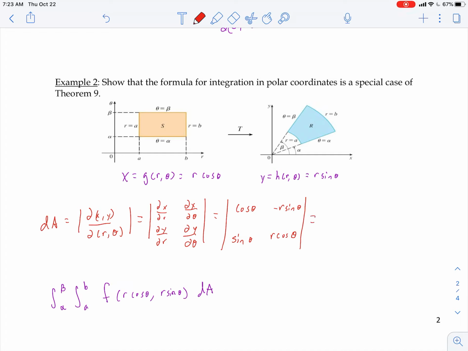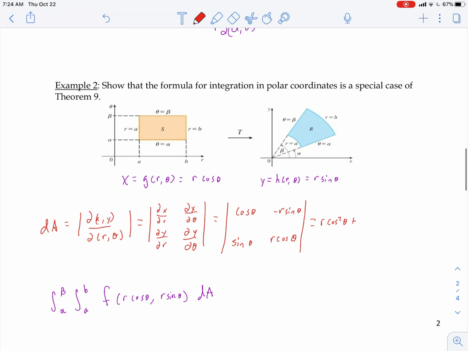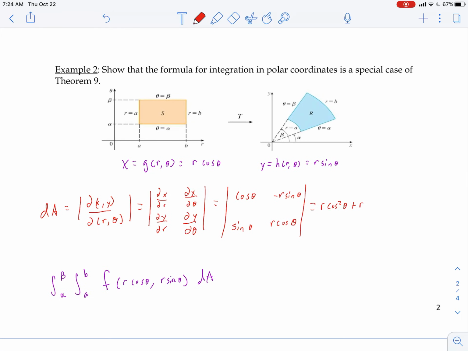So the Jacobian: multiply cosine theta times r cosine theta, so r cosine squared theta, minus a negative, so it changes to plus r sine squared theta. If I factor out an r, I have r times cosine squared theta plus sine squared theta, which is just 1, so it's just r, where r has to be greater than 0 because r is the radius.